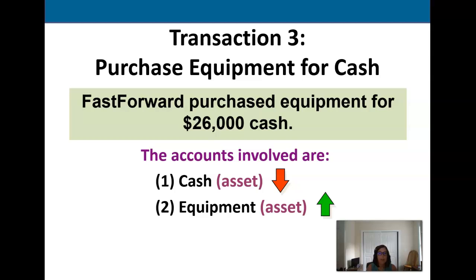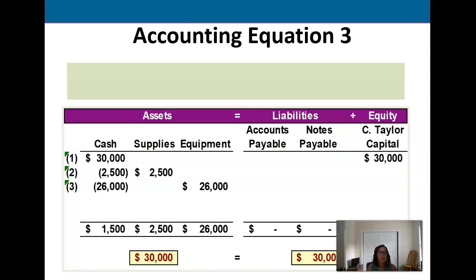Now let's look at this in relation to the accounting equation. Once again, you see that both sides of this transaction landed on the same side of the equal sign. So we've got cash that went down by $26,000. Now we've only got $1,500 in cash left over.